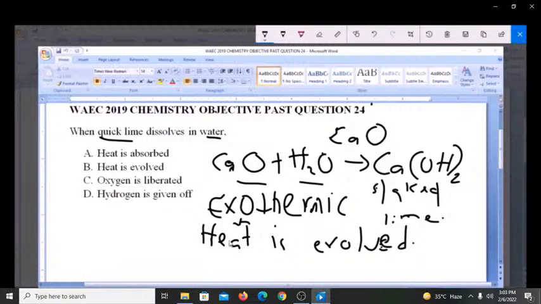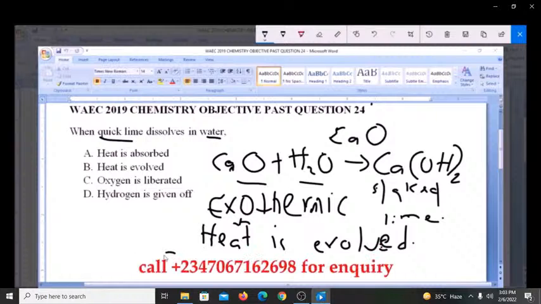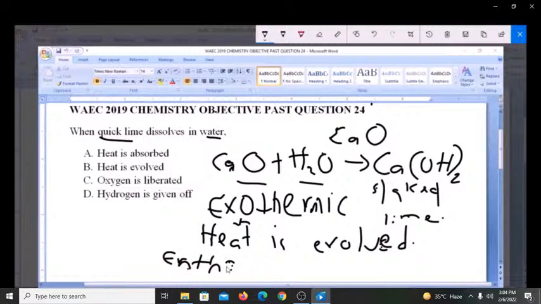Another way to put it, the enthalpy, which is a quantity used to represent the equivalent of total heat in the system, being this reaction.